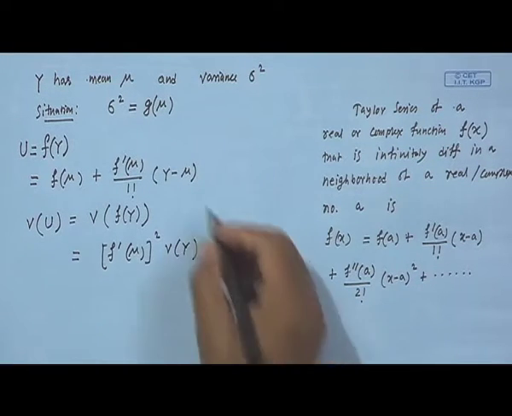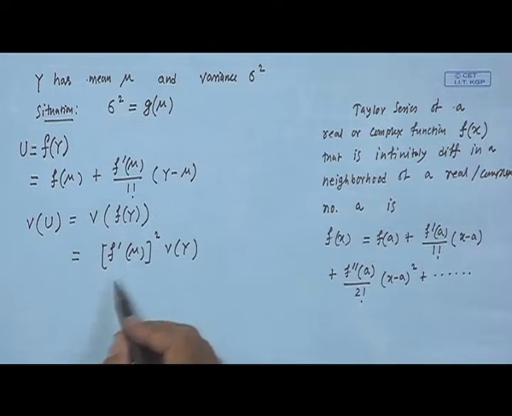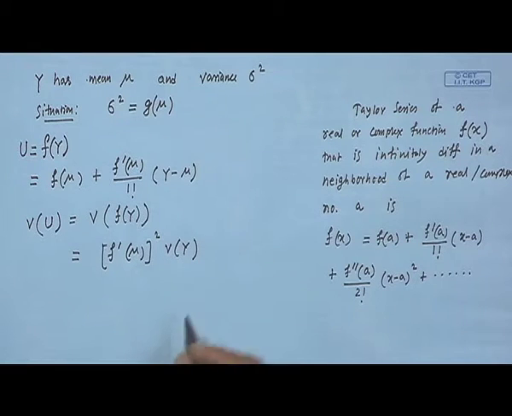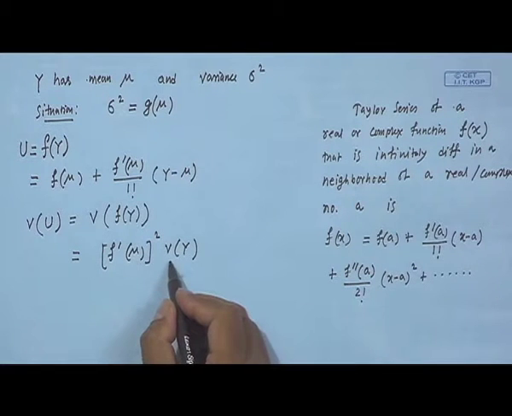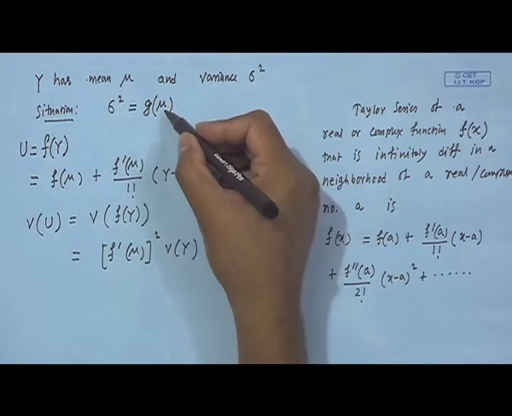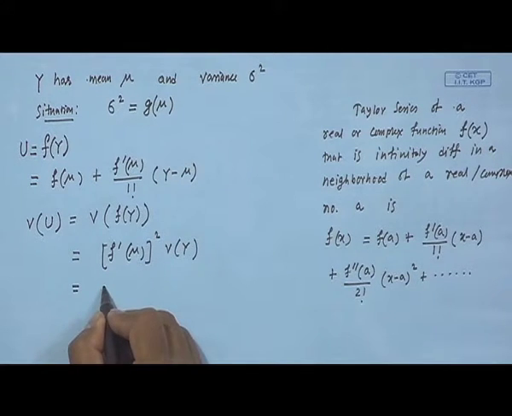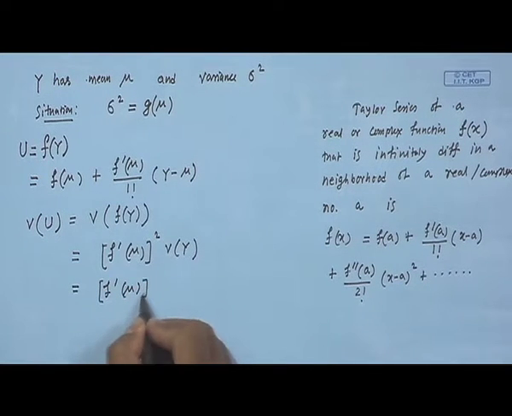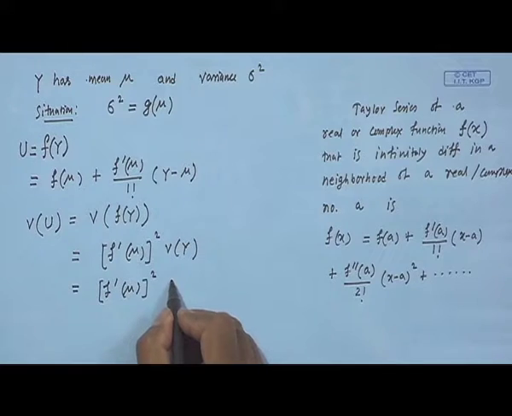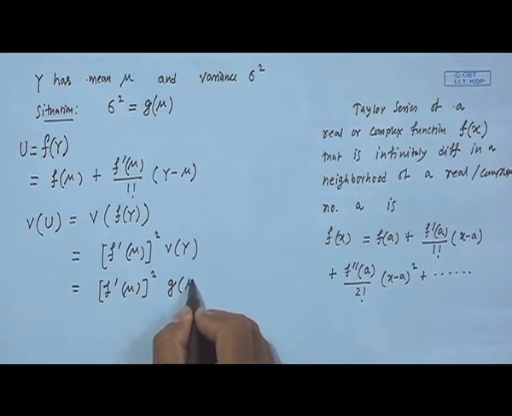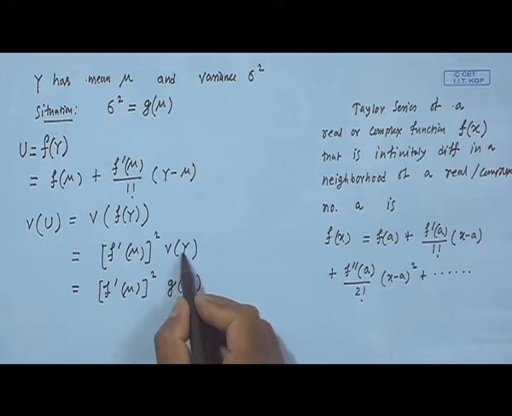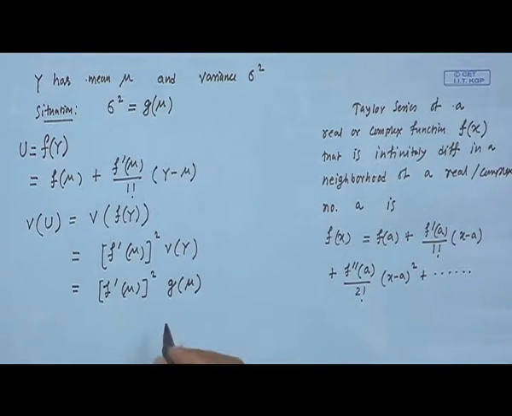I hope you understand that this is the case, because the variance of y minus mu is nothing but the variance of y. And this variance of y is a function of mu. So, this is equal to f prime(mu) whole square into g(mu). I am replacing the variance of y with g(mu).